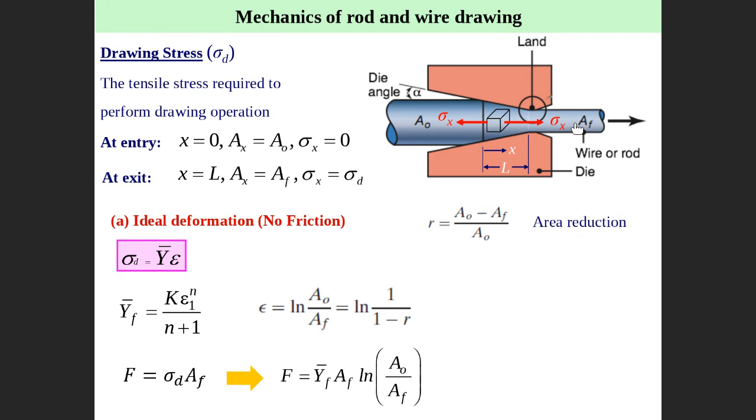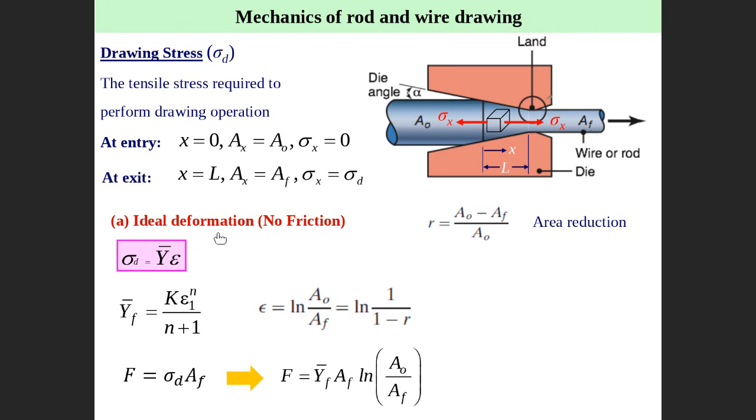Strain is fixed in the process. The true strain is ln AO divided by AF. So in the whole process, we have only one strain, equal to ln AO divided by AF.